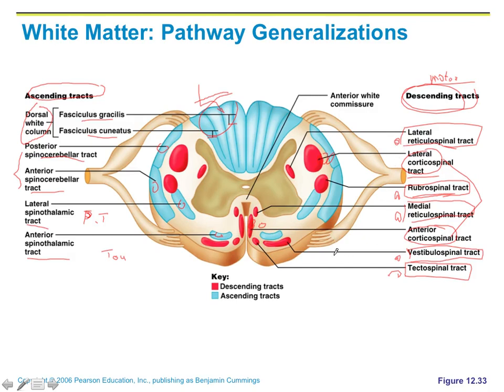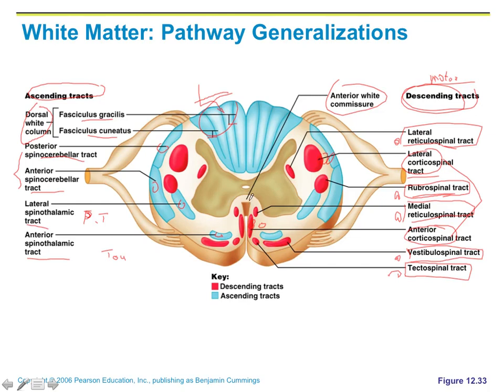So these are the different regions in the spinal cord. Okay. So this is very important. I'm sure you will get this in your final exam. Okay, please spend more time to memorize all these different regions. Here we can see this is the anterior white commissure.